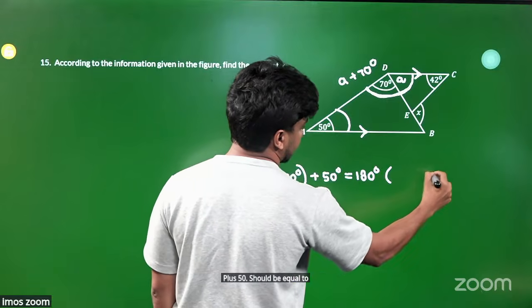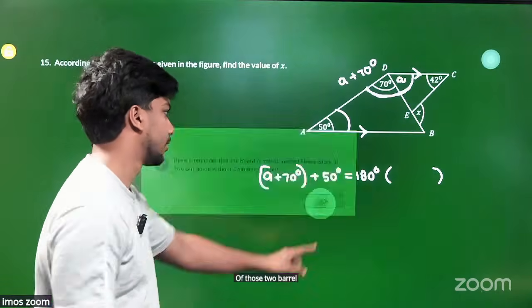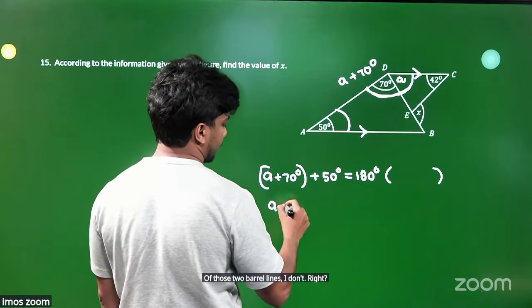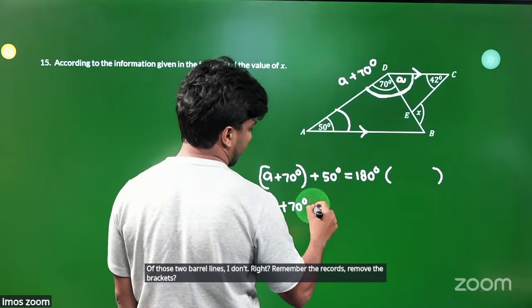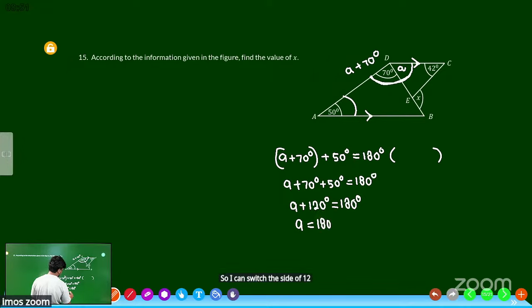What is the reason? Allied angles of two parallel lines. Remove the brackets. A plus 120 is equal to 180. So I can switch the side of 120, it becomes minus 120. So A is 60 degrees.